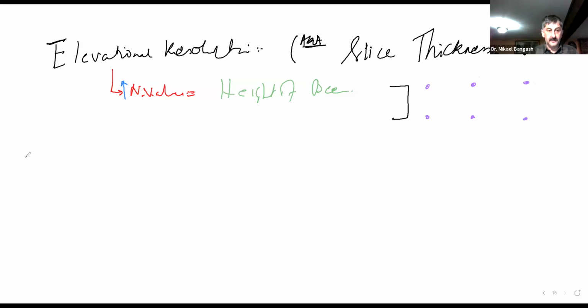Now they're all at the same distance from one another, but what we may get as a result from our transducer is that to begin with.